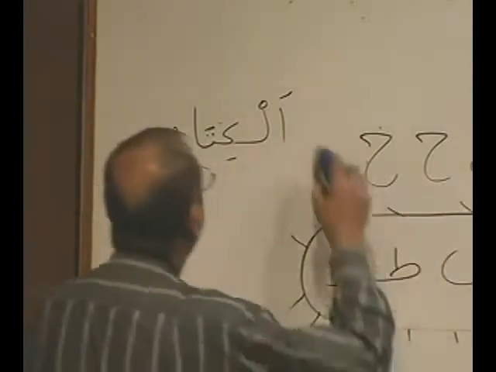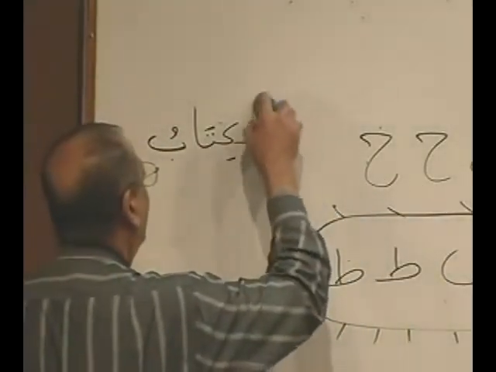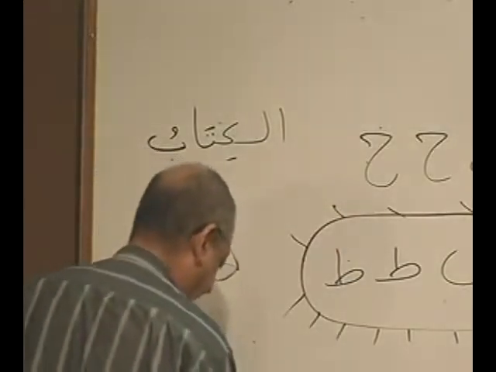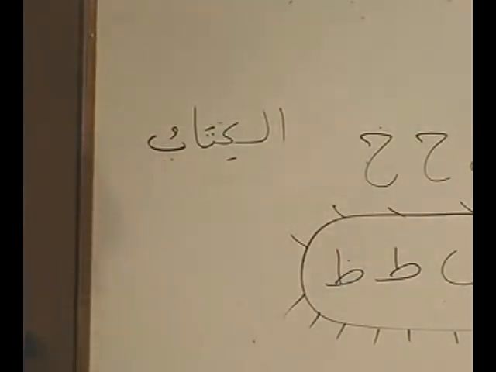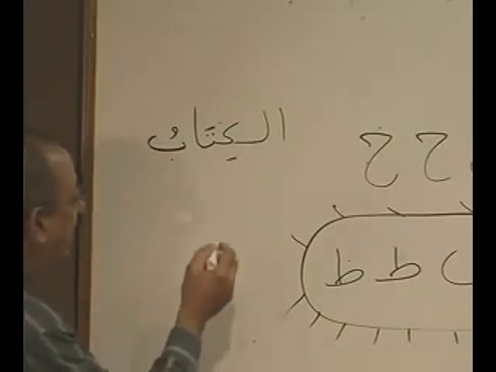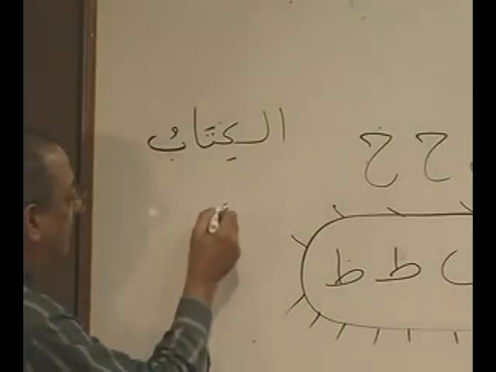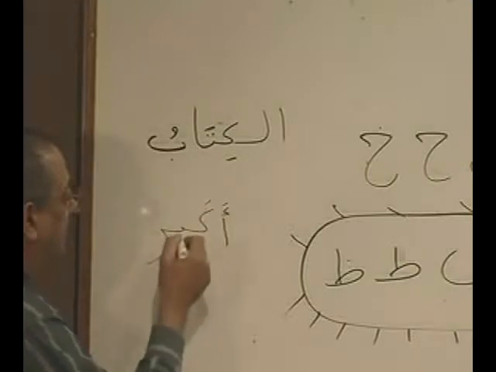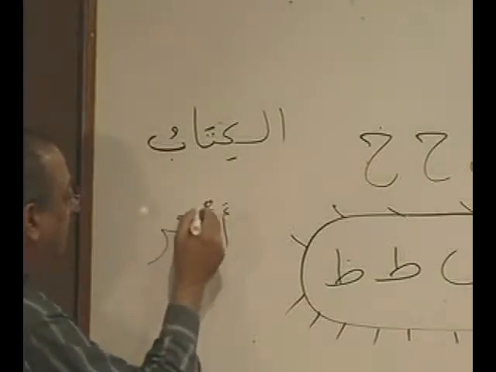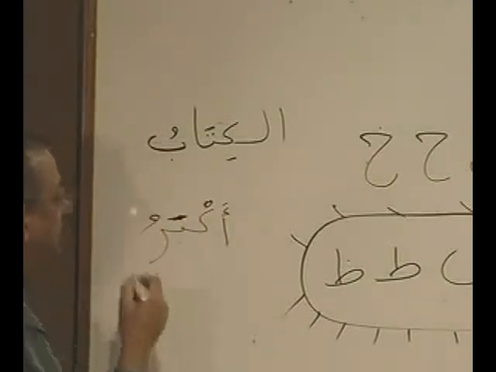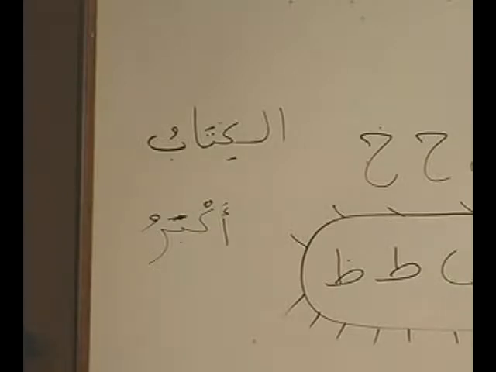Now, I am not putting them. Okay. If I write Al-Kitab, I will write it like this. But if I write, brother, what did I write down? Akbar.